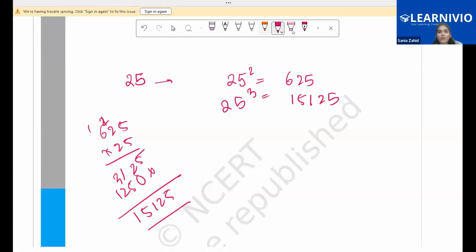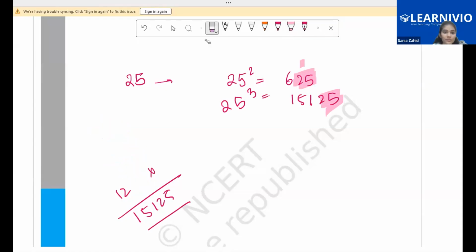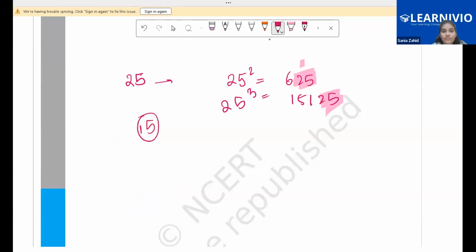It's also ending in 25. So now if you look at this example, you can say, okay, that's true. If a square ends in 25, then the cube also ends in 25. But children, look at one more example. If I say 15, what is the square of 15? 225. And what is the cube of 15 now? 225 into 15.